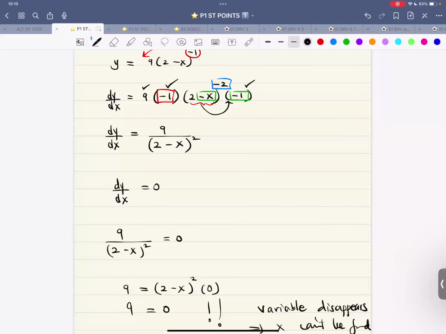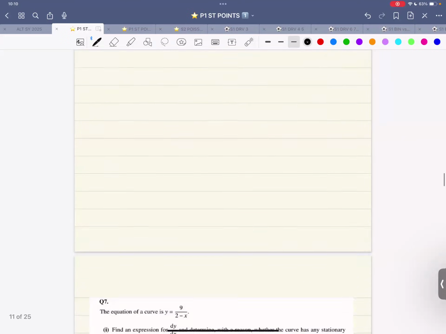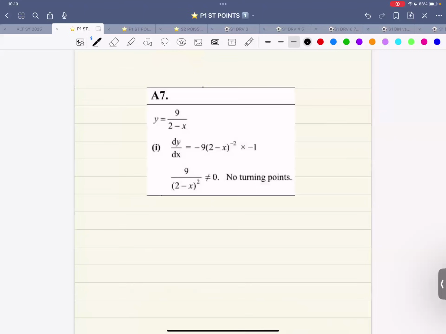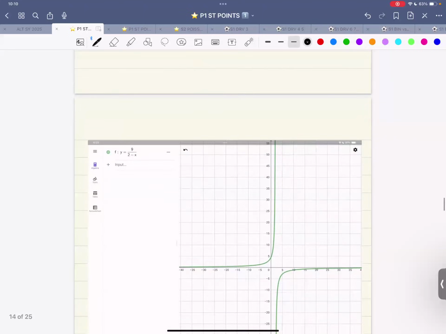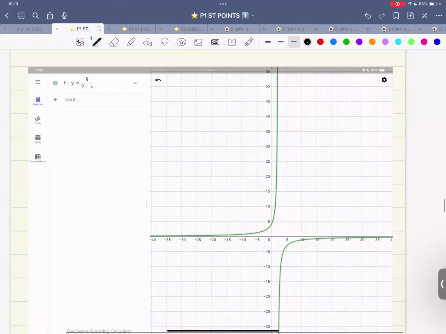This is ES2, this is ES1. Okay. So that is the concept over here. No turning points. And that's how the graph looks, because we have done this graph, reciprocal function. That's the graph. There is no turning point.